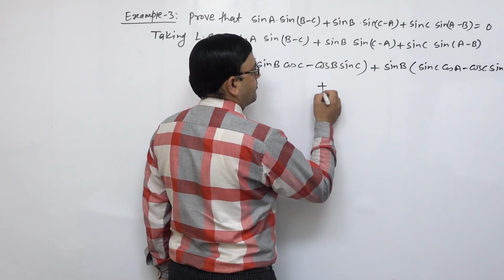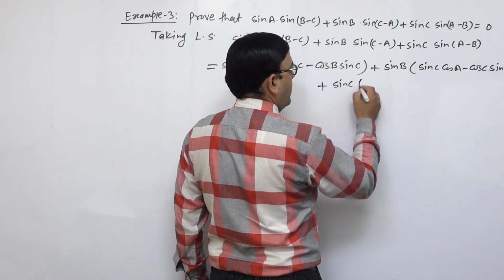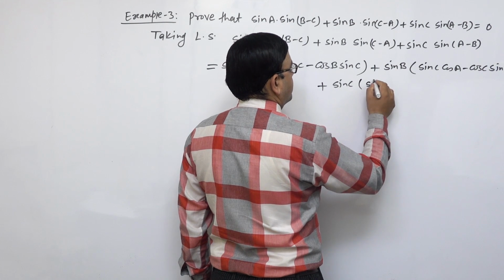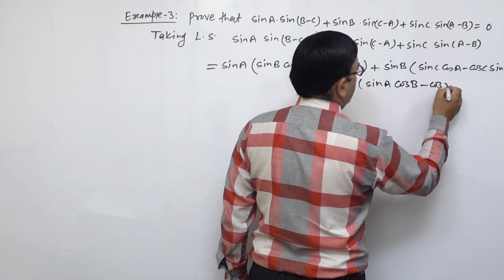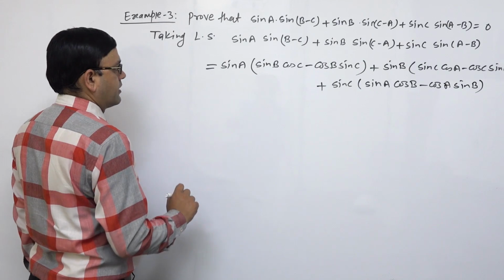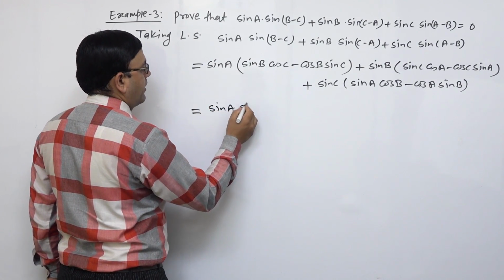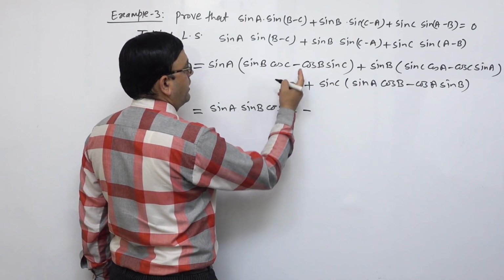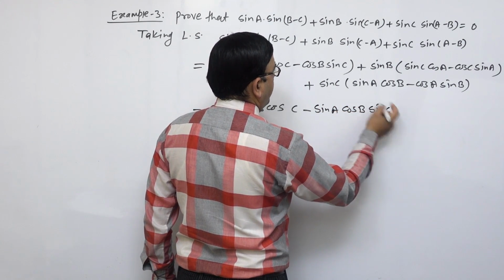and then again plus sin C, and sin(A minus B) is sin A cos B minus cos A sin B. Now this is equal to, we opened it, sin A sin B cos C minus again sin A cos B sin C here.